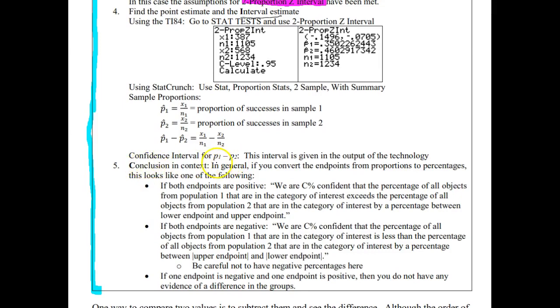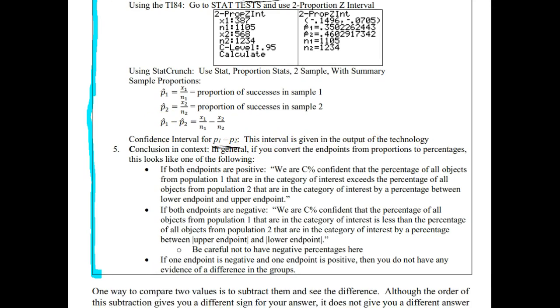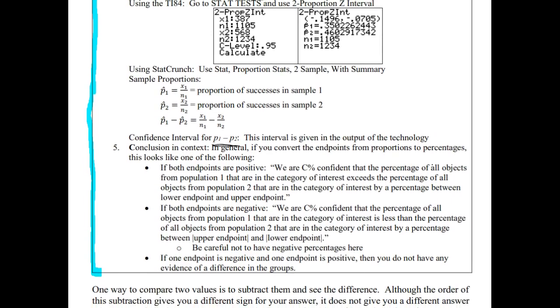And then the confidence interval is for p1 minus p2. So again, it is important that these are parameters here and not our random variables. And so that interval is given in the output of the technology. But once we have that interval, in the last section we only had one parameter, and so we would say things like we were 95% confident that the percentage of all objects in some category were between two endpoints. But now we're looking at the difference between proportions.